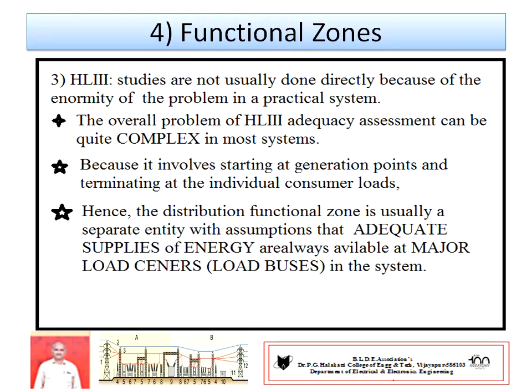The overall problem of HL3 adequacy assessment can be quite complex in most systems because it involves starting at generation points and terminating at individual consumer loads. Hence, the distribution functional zone is usually a separate entity, with the assumption that adequate supplies of energy are always available at major load centers or load buses in the power system.